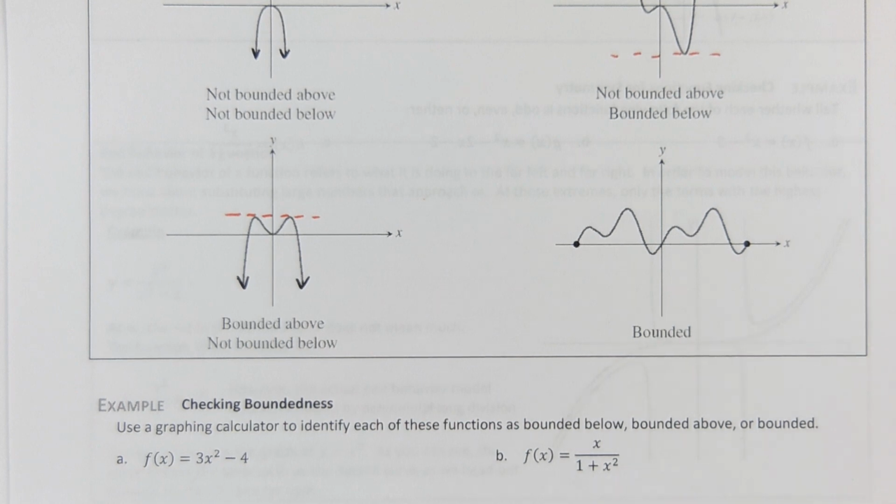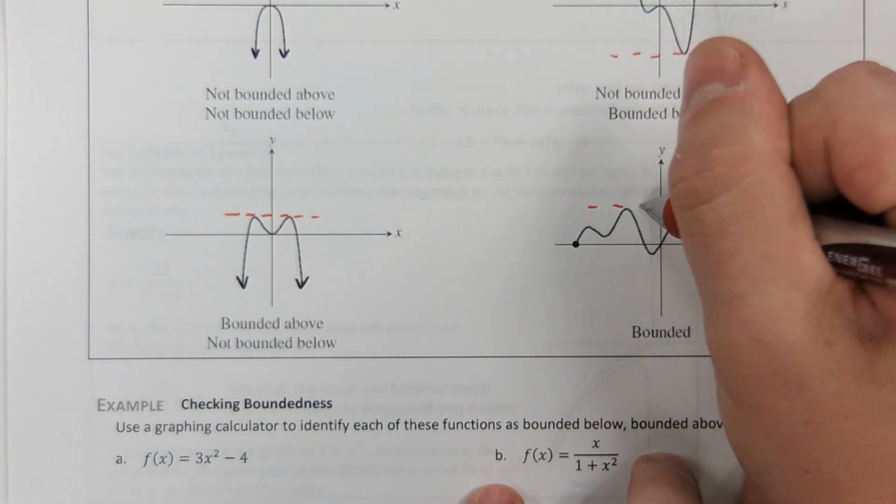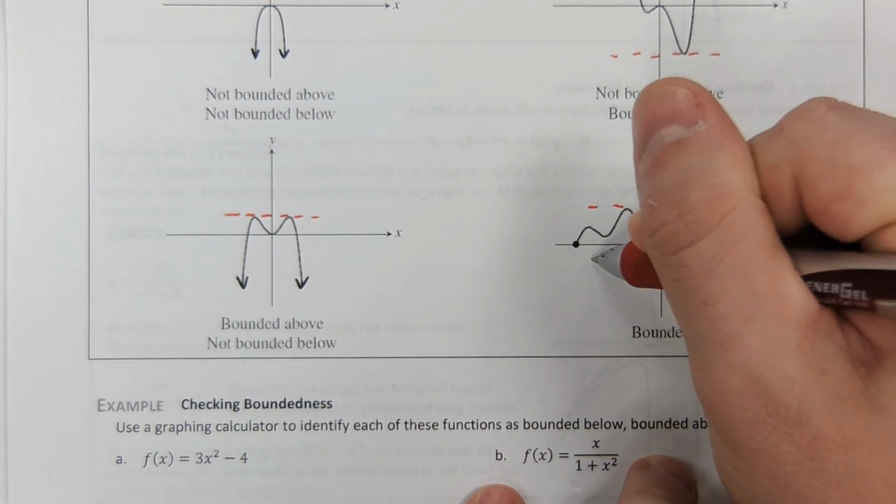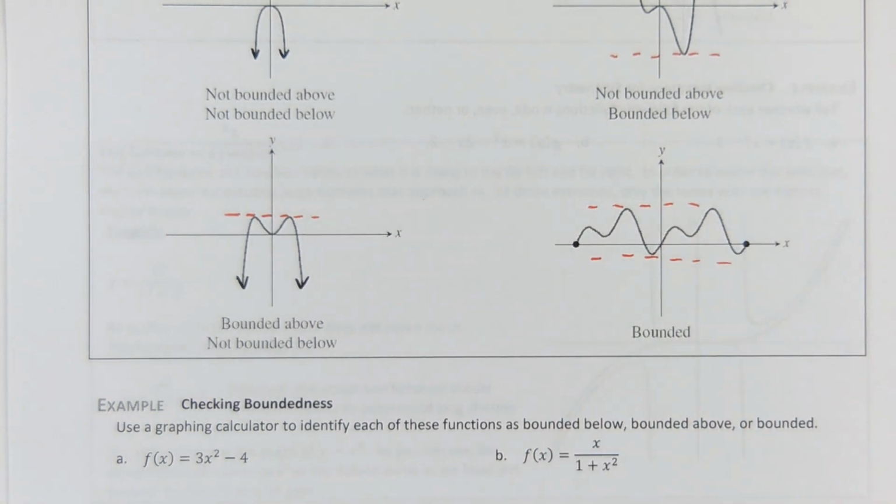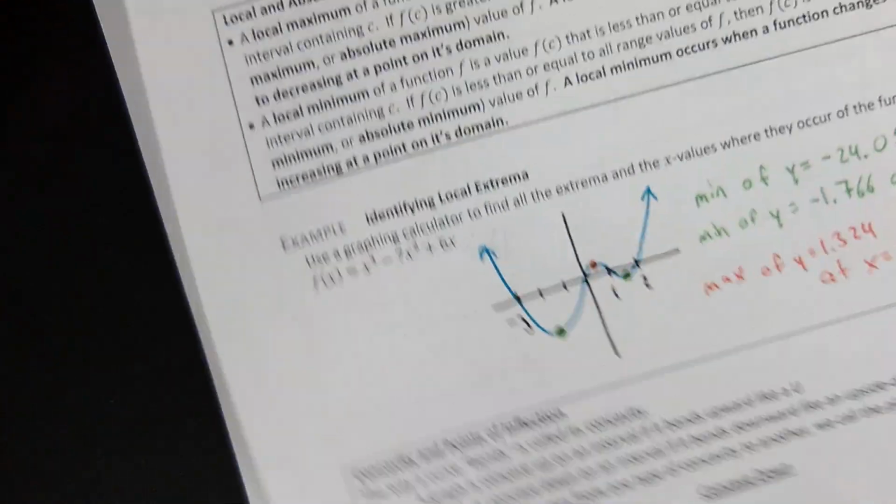Or you could have something weird like this piece of spaghetti that has a maximum y value and a minimum y value. And because it has both, we would just simply say that it is a bounded function. Does it have to be weird spaghetti like that to be bounded? No. Again, we go back a couple pages.